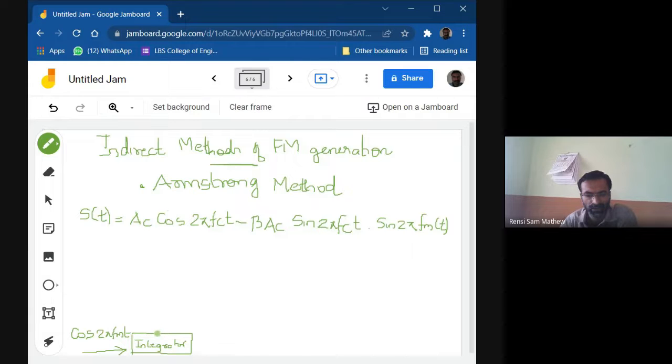And after the integrator, you have a product modulator, because we have to do a multiplication. That is what we are writing, a product modulator.